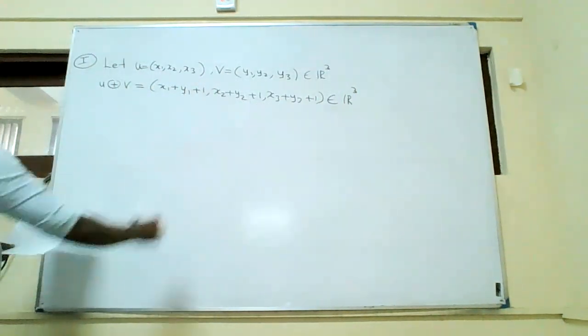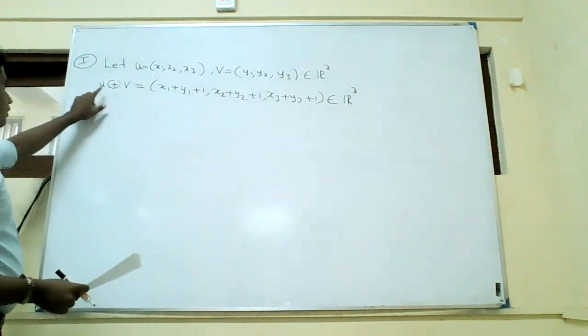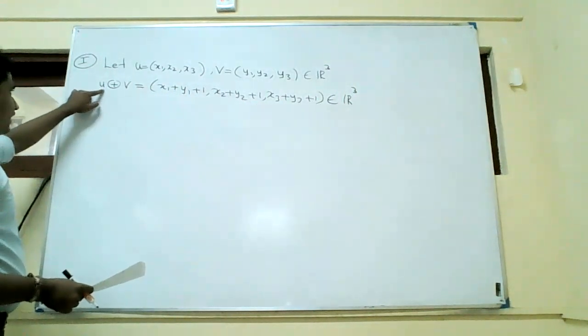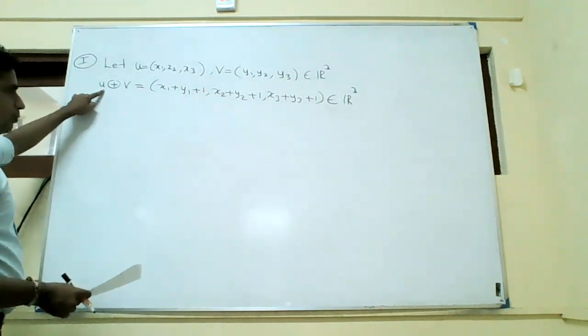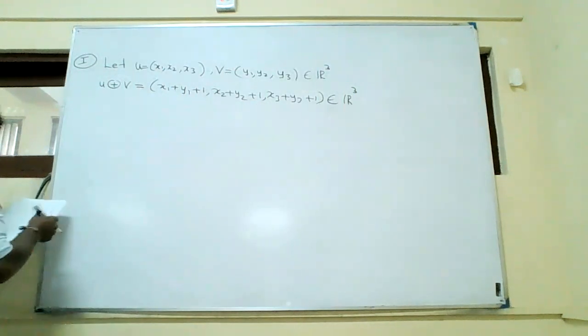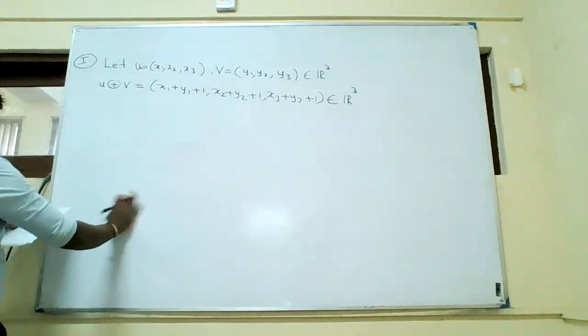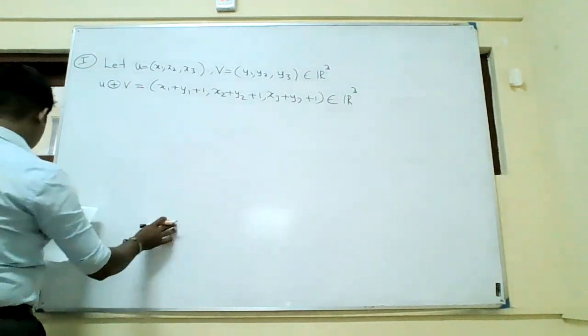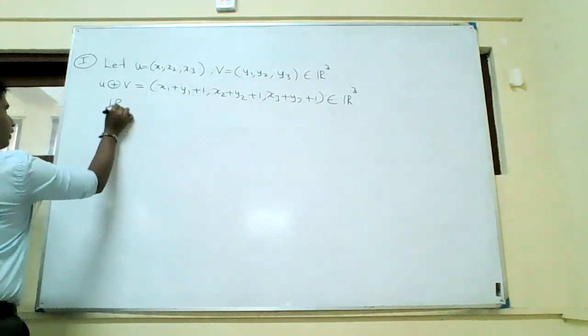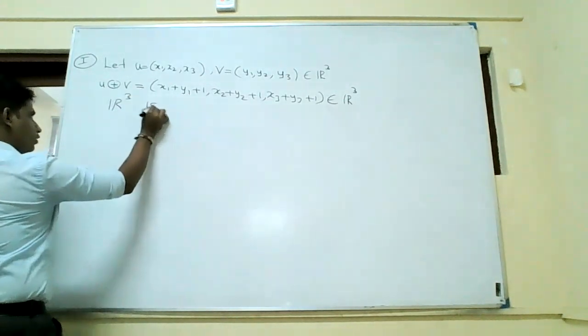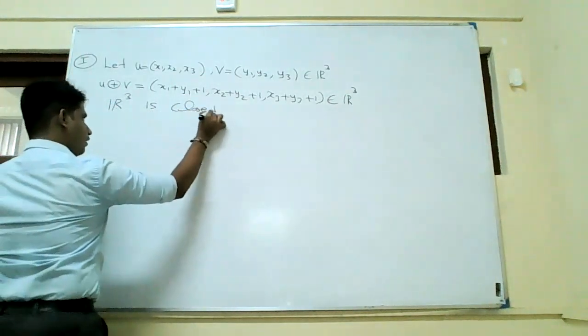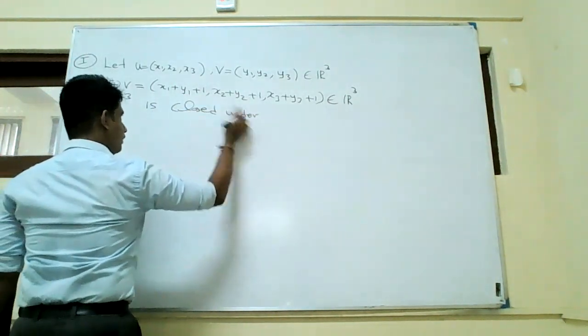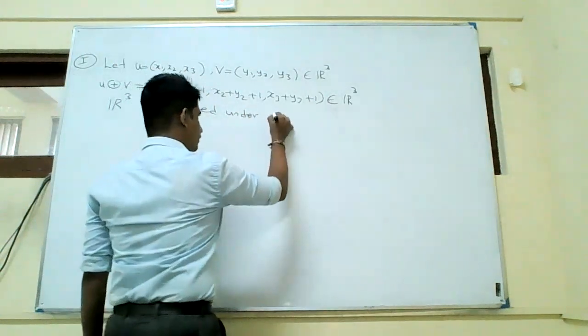This shows that this vector addition satisfies the closure property. Therefore, R cube is closed under this vector addition.